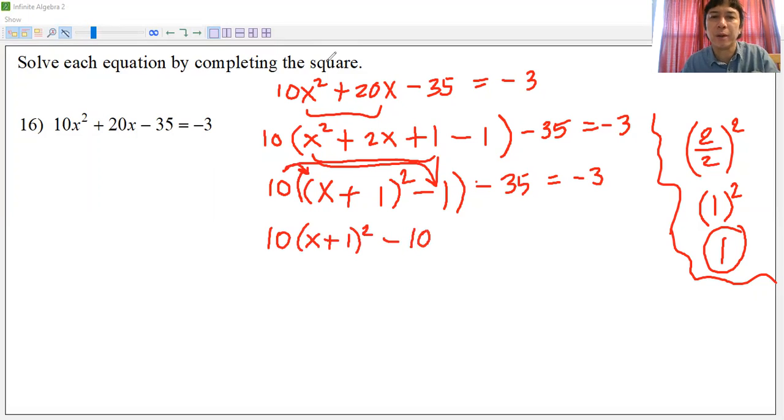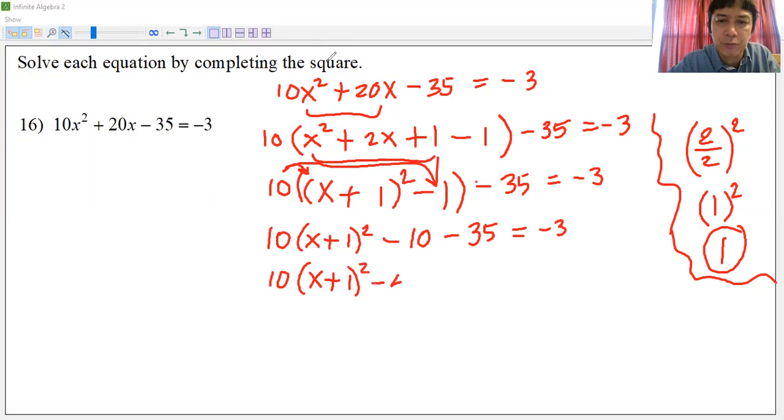Okay, the bigger outer parentheses is removed. And we continue with the minus 35 equals negative 3 there. So this will now continue with 10 times (x plus 1) squared minus 45, minus 45 equals negative 3.